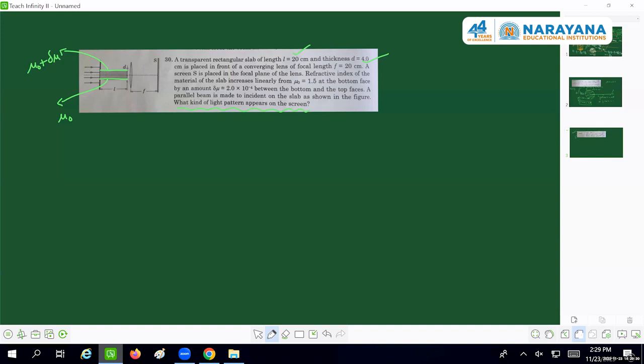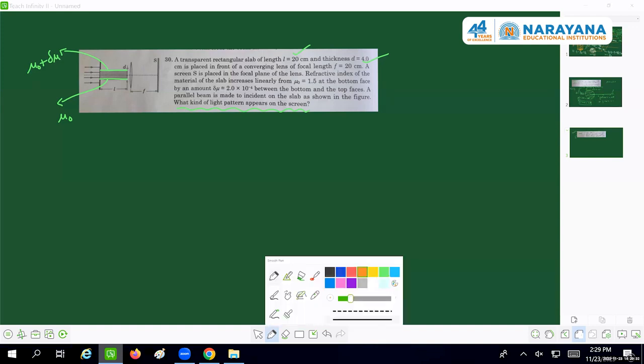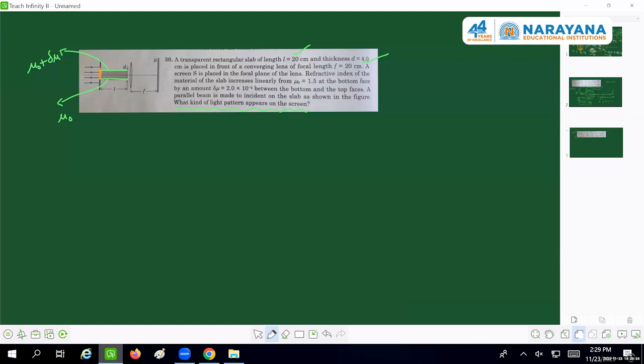So if I look into a wavefront which was here in the beginning, right? And I want to observe the wavefront at some time instance, when the particle at the bottommost point has reached here, A prime, B prime, I want to just observe the shape of the wavefront at this time instance.